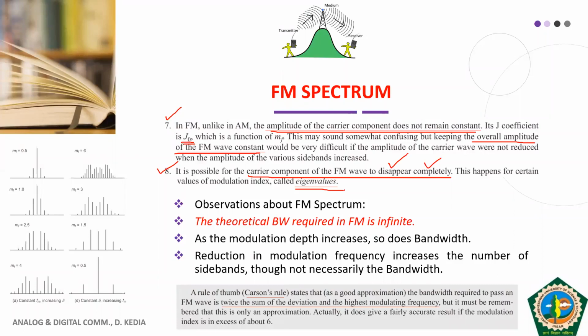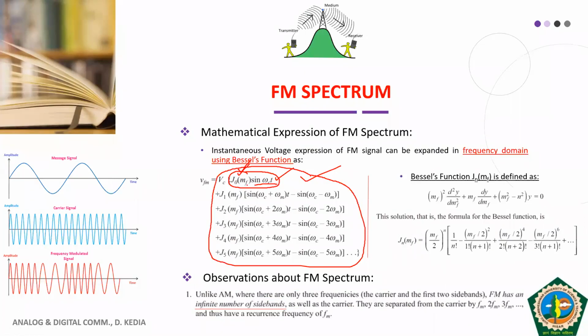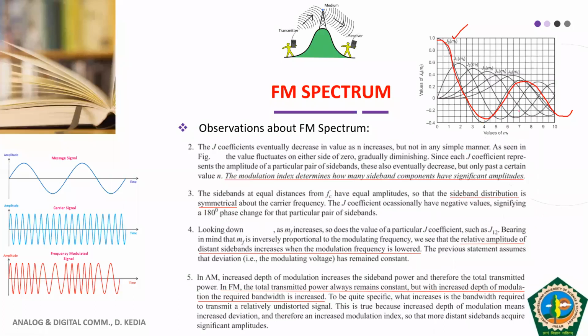See, this is again related to your Bessel coefficient. J naught MF is the Bessel coefficient, which is a function of modulation index, and it varies on both sides of 0. How does J naught MF vary? Like this. And J naught MF has value 0 for certain values of MF.